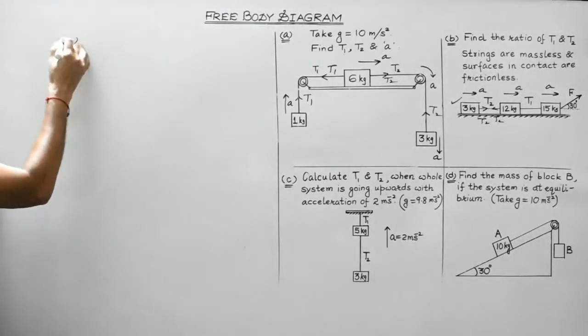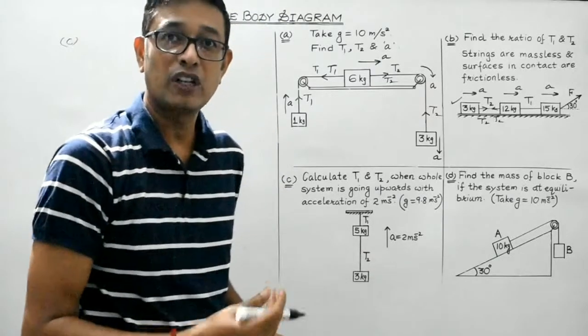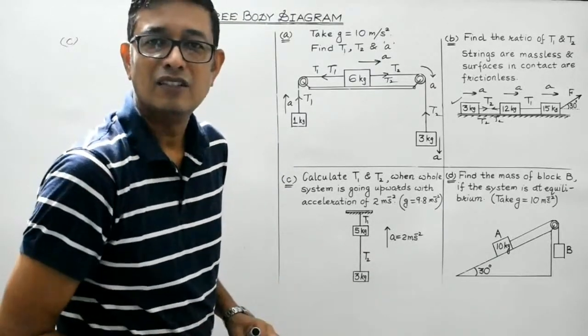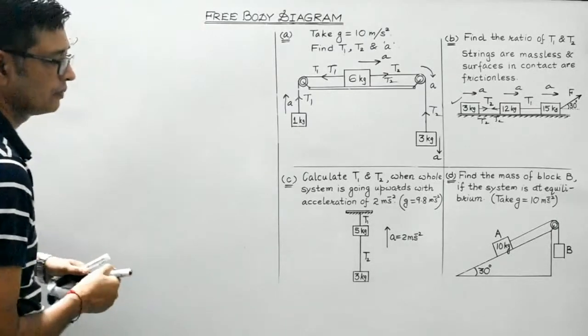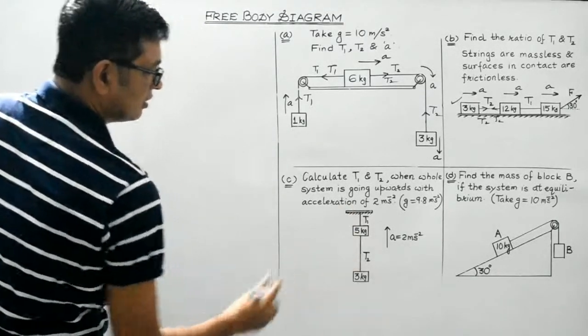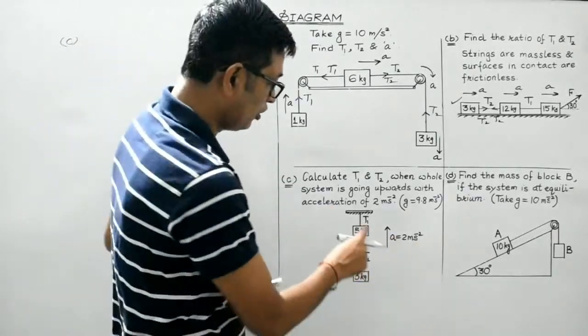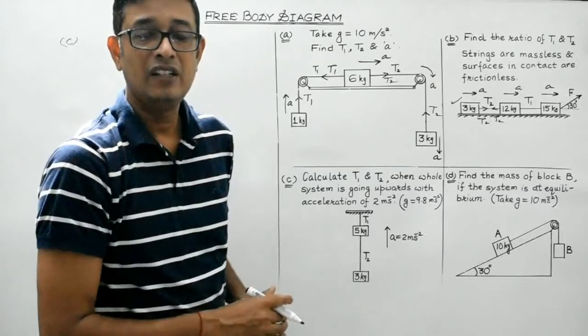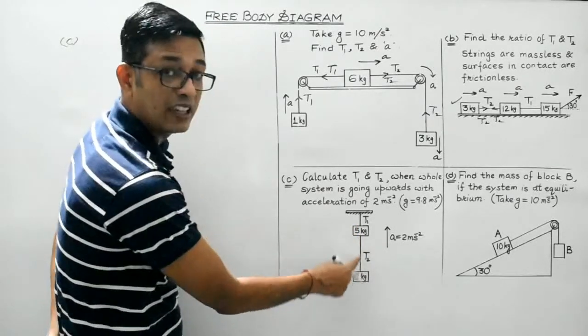It's an interesting question, but again, you need not construct the free body diagram and write the equations separately for the individual bodies. Instead, let's consider these 2 bodies to be represented by a single body of mass 8 kg, because this string is massless, so it does not have any mass.